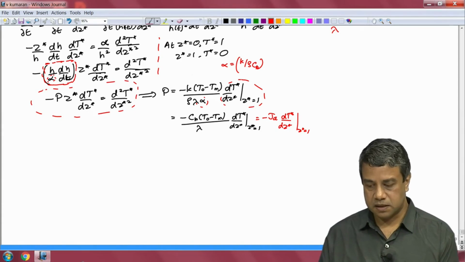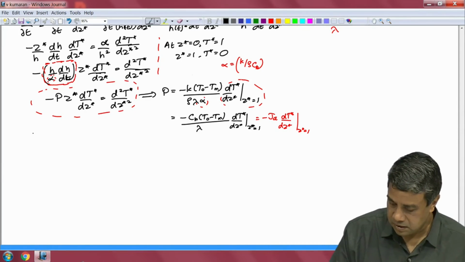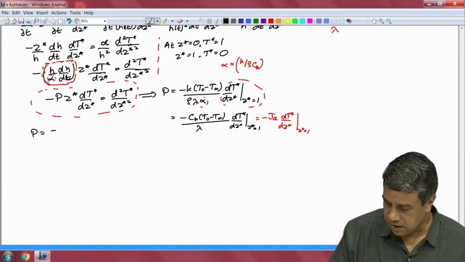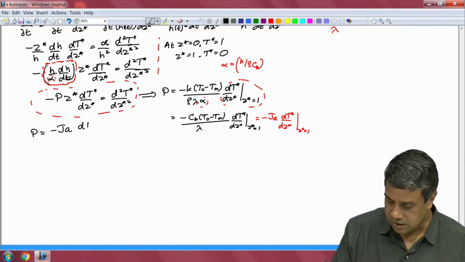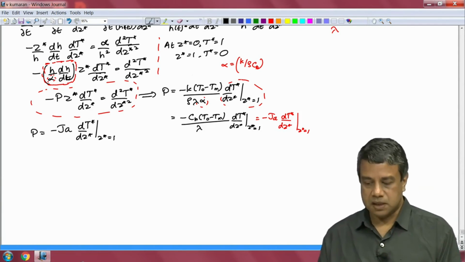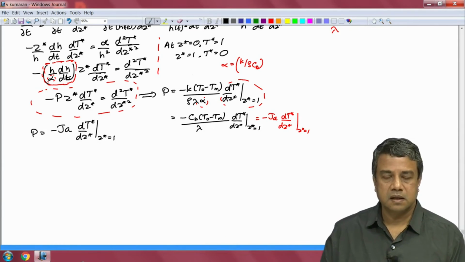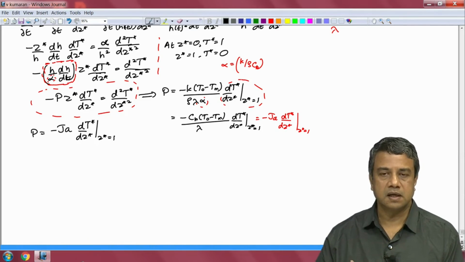Where P is as yet unknown, but which has to satisfy the consistency condition that P is equal to minus the Jacob number, that is a specified number, times dT by dz at z star is equal to 1. That is the consistency condition which emerges from the fact that the total amount of heat that is transferred to the surface has to be equal to the latent heat for the amount of material that is melted.